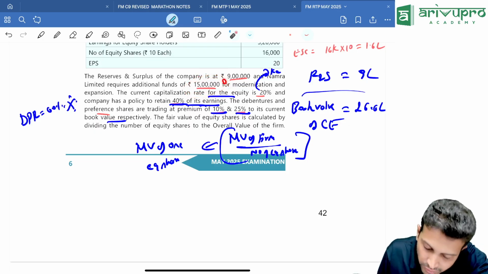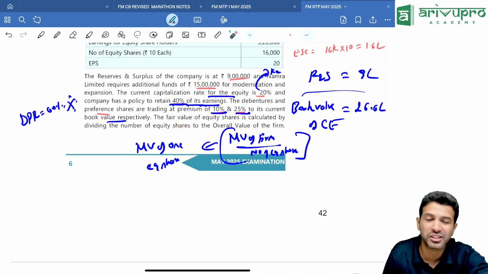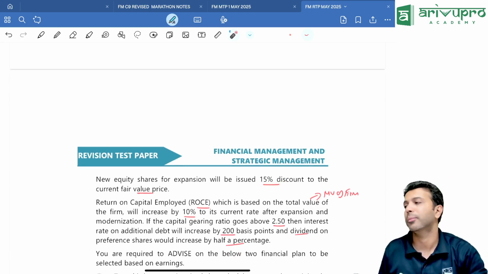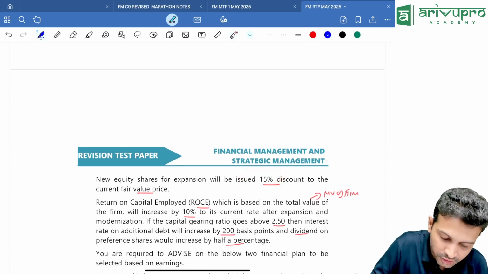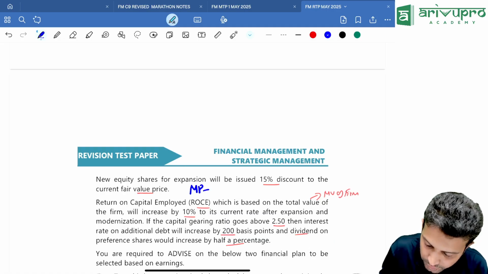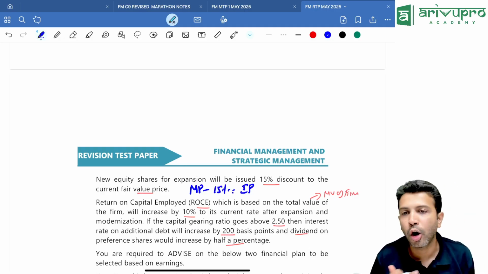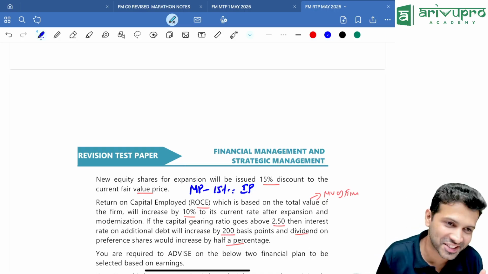If you want to raise these funds through equity shares, will you issue the equity shares at market value or at a discount? At a discount. First find the market value and reduce it by the discount. From the market price, if you reduce the discount, you will get the issue price of the equity shares. Not me, all question. Don't look at me. I didn't frame it. I'm just solving. Don't kill the messenger.